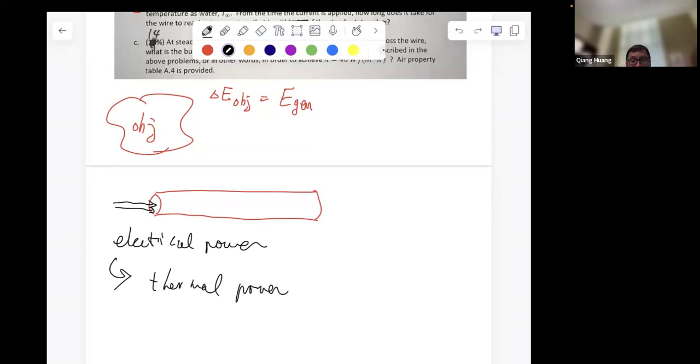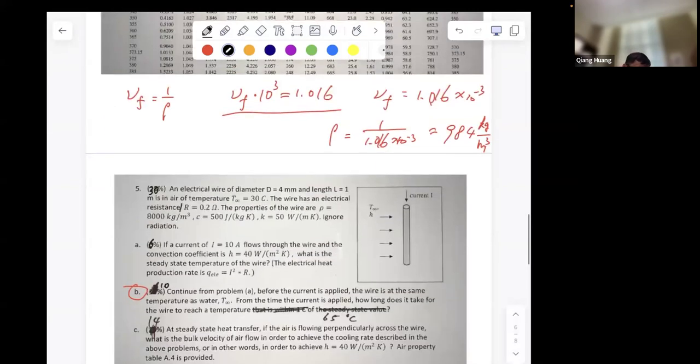That's the thermal energy of the object, the hot wire, the wire that becomes red. It is generated inside the hot wire. And this electrical power equals I, that's the current, squared times the resistance. And this resistance is electrical resistance. Everything is given here. The electrical resistance is 0.2 ohm.